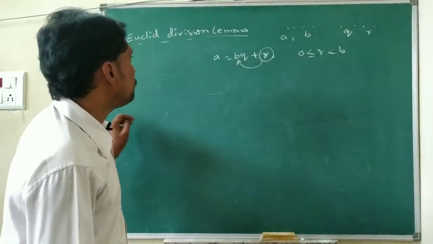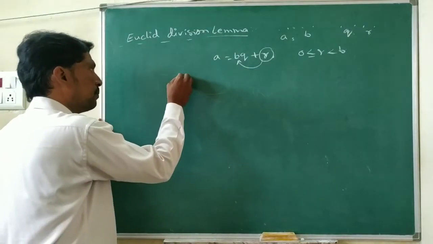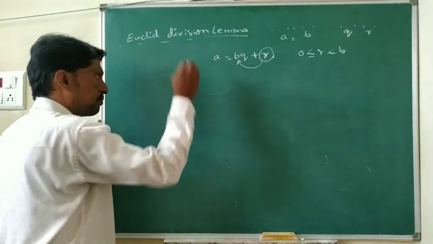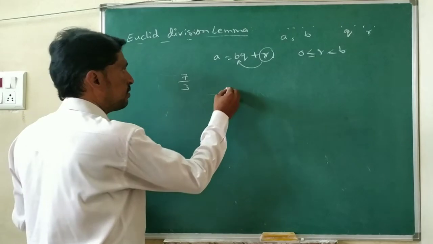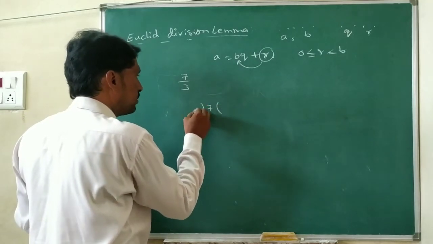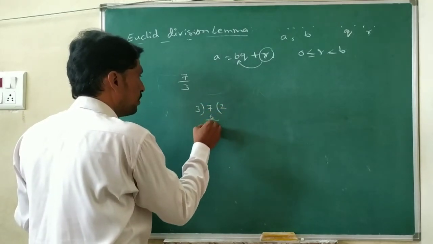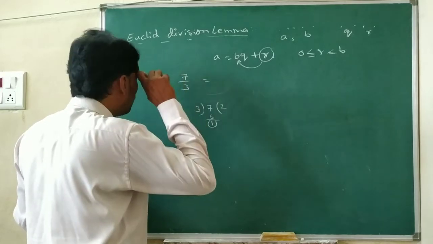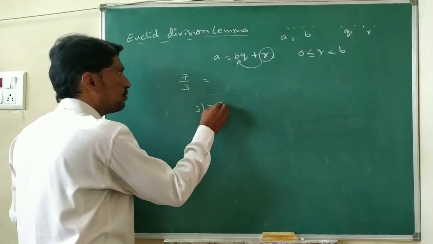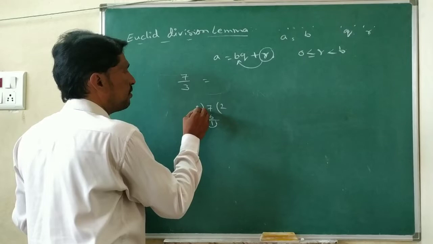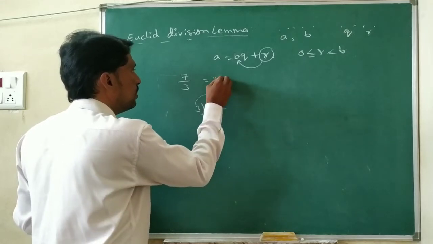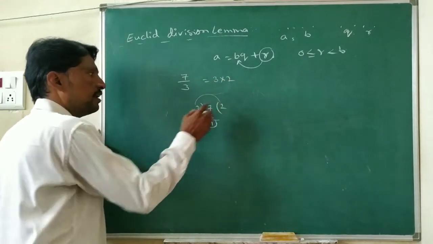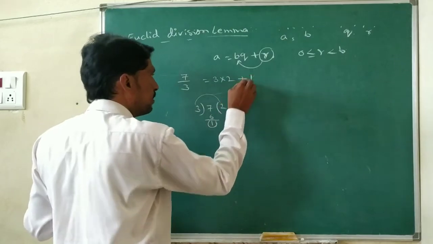Here is one example: 7 by 3. How do we write it? 3 twos are 6, remainder 1. So for EDL, 7 equals 3 into 2, divisor into quotient, plus remainder 1.